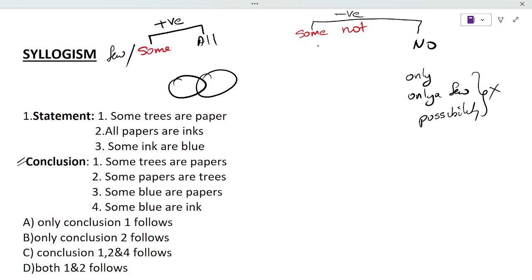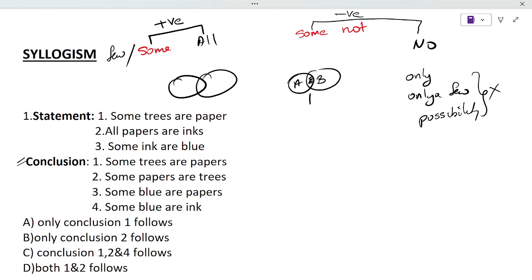However, if the conclusion is negative, we will have an imaginary diagram. Suppose it says some A are B. Yes, some A are B means some part of A belongs to B. But whenever we see a negative word, we will have some imaginary diagram.